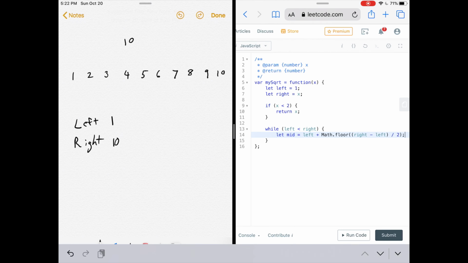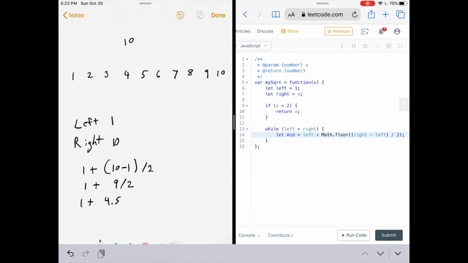All right, let's take 10 as the example. That formula would mean that left would be 1 plus right minus left, so we know right is 10, so 10 minus 1, divide that by 2, and round it down. So that's 1 plus 9 divided by 2, which gives us 1 plus 4.5.